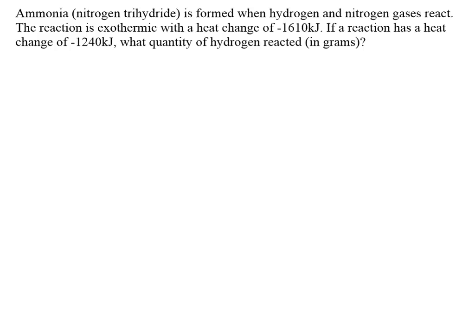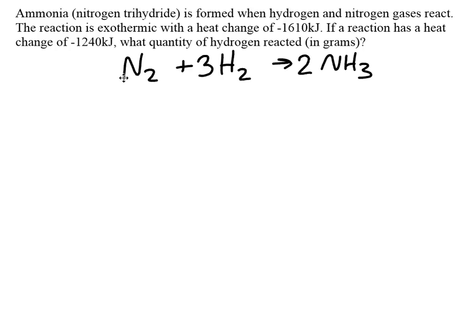I'm going to use the equation, which we have to write out. Nitrogen gas and hydrogen gas react to form ammonia, or nitrogen trihydride. I balance my equation, and I also have to indicate that my Q, or delta H, is equal to negative 1610 kilojoules. Again, that is a literature value.